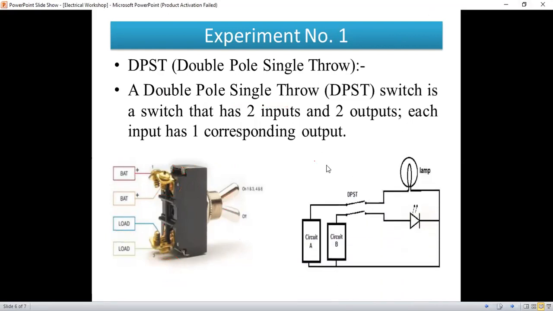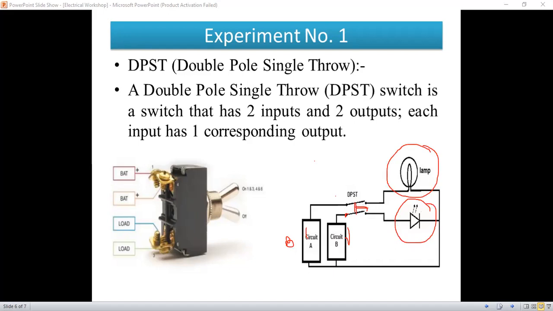DPST type of switch. So see here, again a similar connection is there, but circuit A has a battery, or it may be circuit A input terminal, circuit B input terminal. Now here is the throw of that switch, it is once. याचा जो काय थ्रो असेल तो एकदाच असेल, once it can be thrown. Then in that situation at a time these two loads can be connected, like a lamp load and an LED, that is a light emitting diode, can be connected at once.